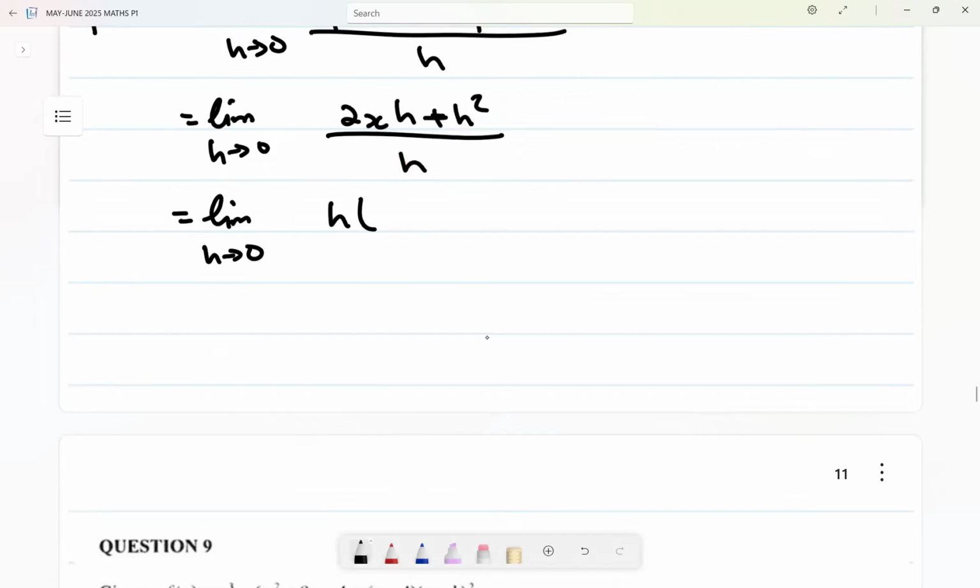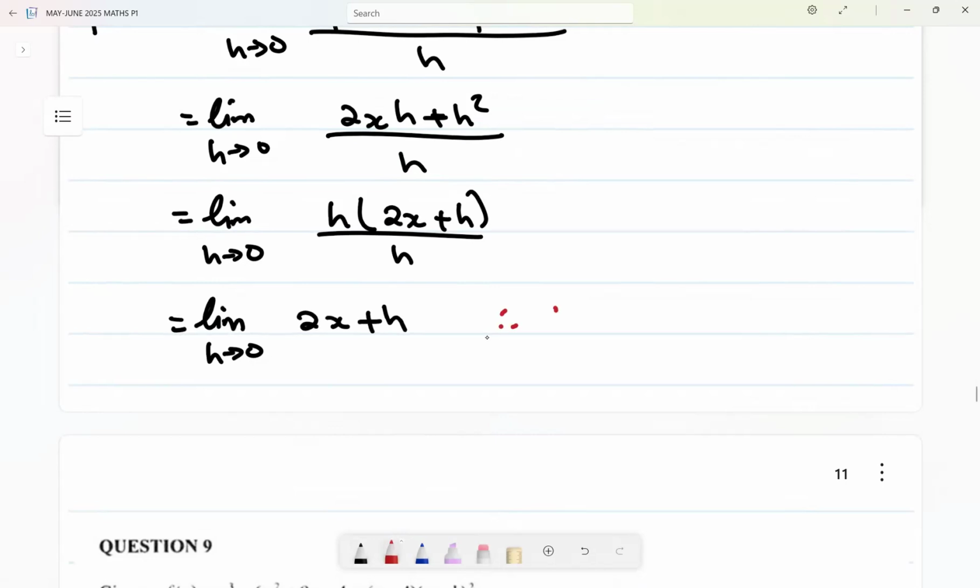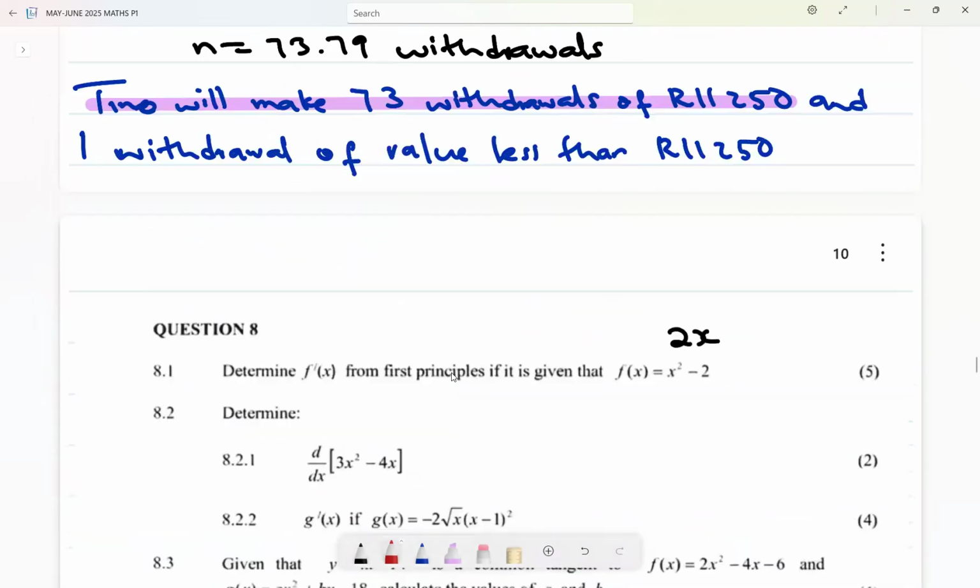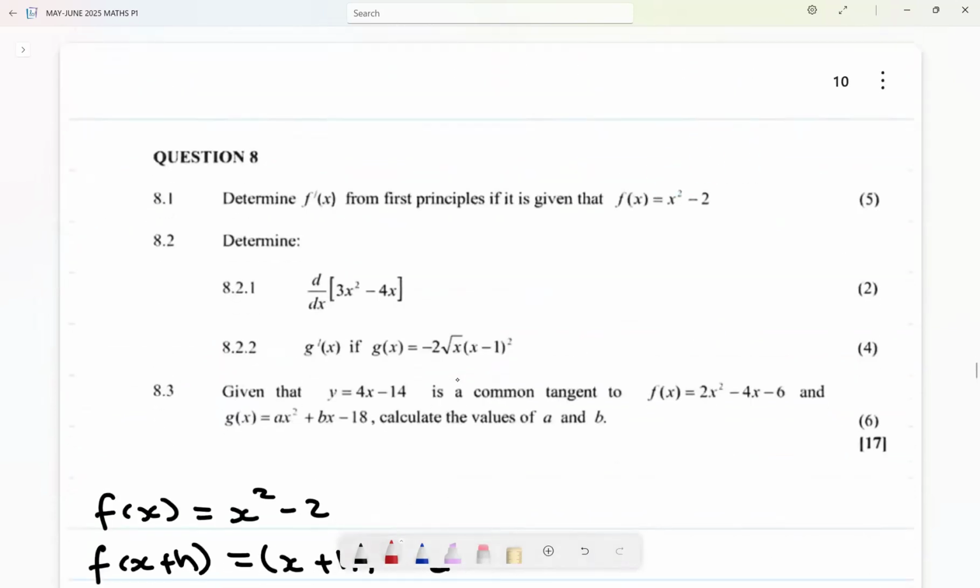Because if I were to substitute h in the denominator as 0, it's going to be undefined. So I try to avoid that. Then I have the limit as h approaches 0 of 2x plus h. And when I substitute h as 0, therefore f prime of x is 2x plus 0, which is just 2x. So we are fine. The answer is perfectly as we predicted.